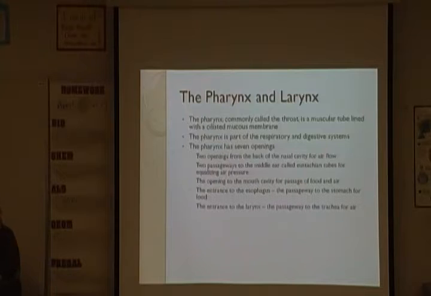And then finally, there's the entrance to the larynx, which is the passageway to the trachea for air. So food and air go down separate passageways where they're supposed to.